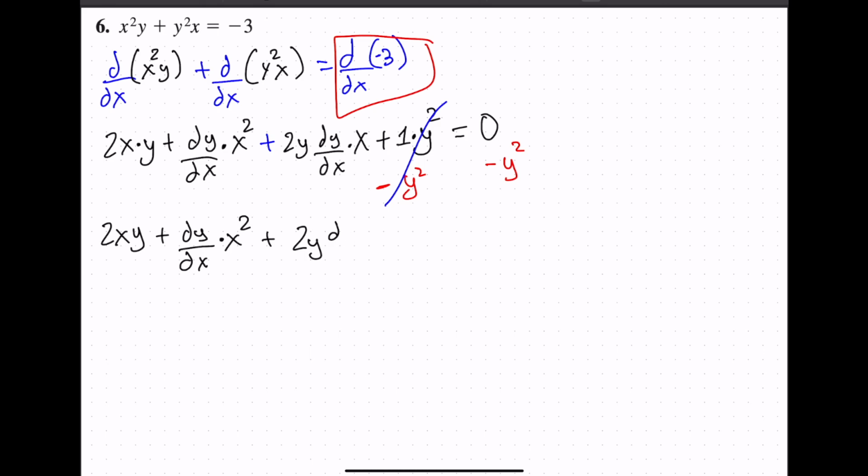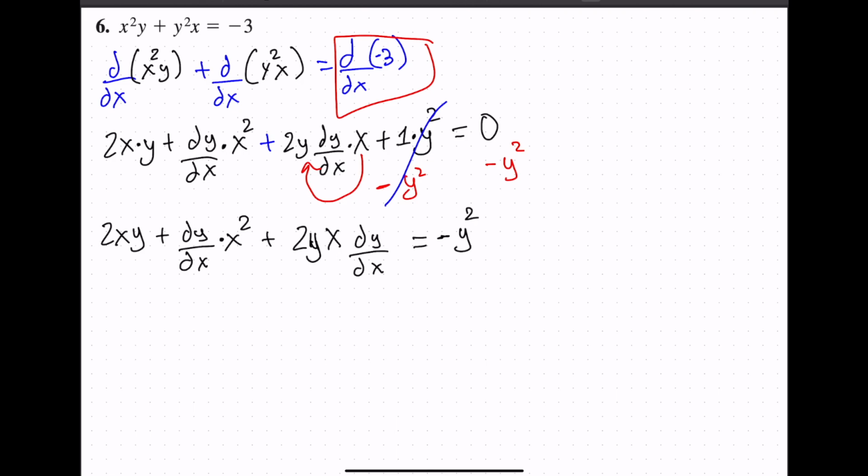Well, let me go back. I'm going to say 2yx just to keep that simple, and that's dy/dx. All I did is I put the x in front of that term, and that's equal to -y squared.